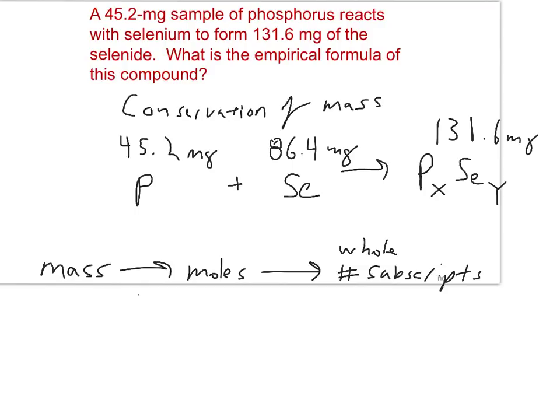So if we have 0.0452 grams of phosphorus, I'll look up its molar mass on the periodic table, and what I get is 30.974 grams per mole.